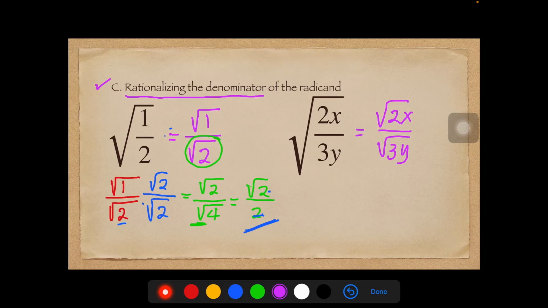For the next one, we also try to answer number 2. This was example number 1, and this is example number 2. We have rewritten it as square root of 2x over square root of 3y. Now we are going to rationalize the denominator.